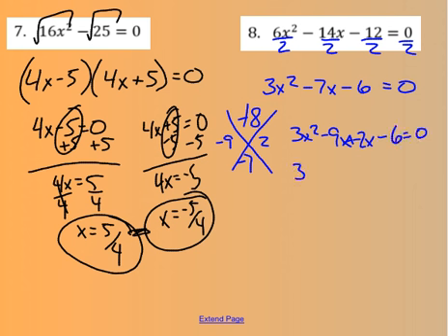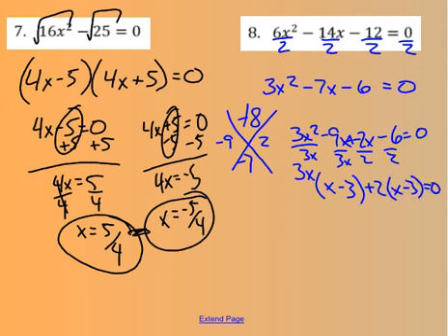Okay, so this is going to be 3x, divide by 3x, divide by 2. So 3x times x minus 3 plus 2 times x minus 3. Just trust me on it. So 3x plus 2, x minus 3 equals 0.